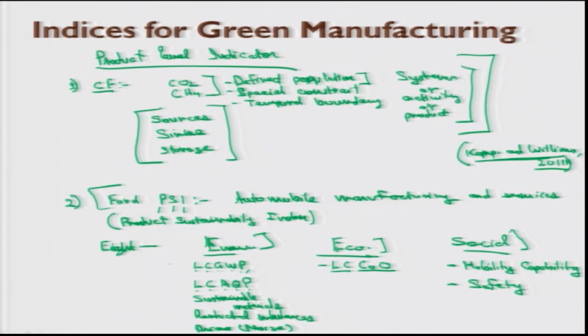So, we had 1, 2, 3, 4, 5, 6, 7 and 8 indicators in total, and this was given by Ford.